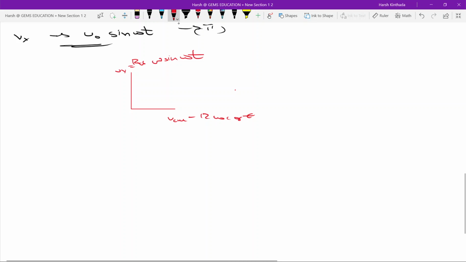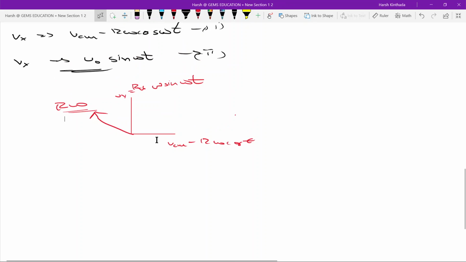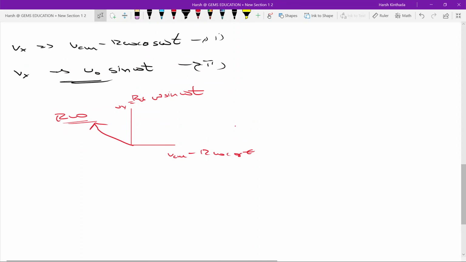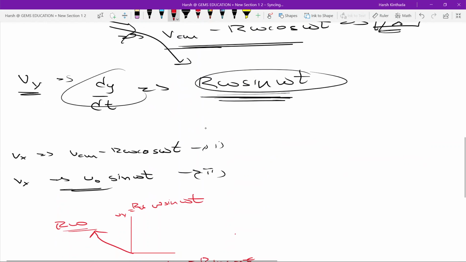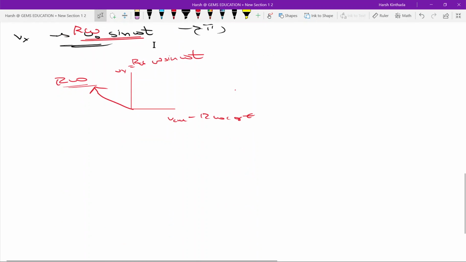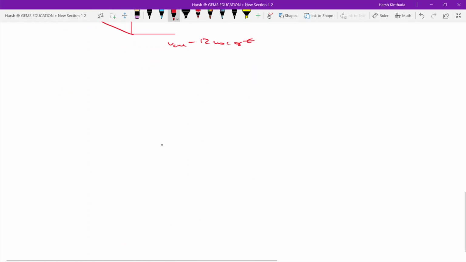Since this is r omega, Vcm equals r omega, so Vx is r omega minus r omega cos theta, and Vy is r omega sine theta. We write that down clearly, r omega sine omega t. Great.